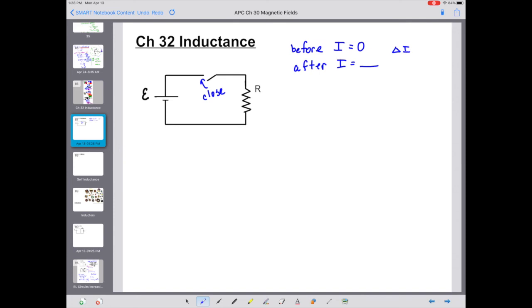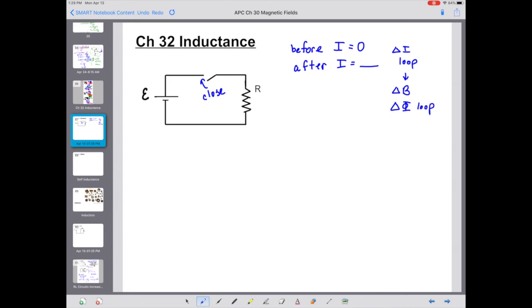So you went from zero current to all of a sudden there is a current. Well, that's a changing current in a loop. And if you have a changing current in a loop, you're going to produce a magnetic field, and that magnetic field is going to be changing. If that magnetic field is changing, then you have a changing flux in that loop.